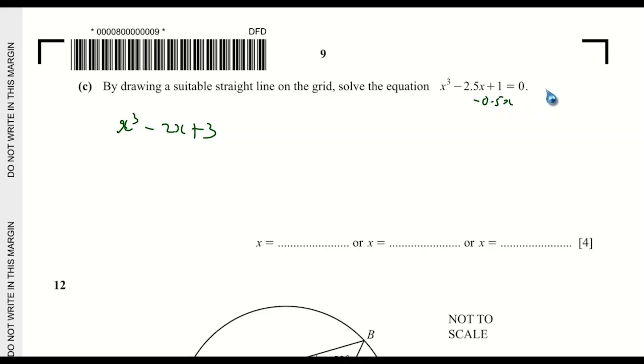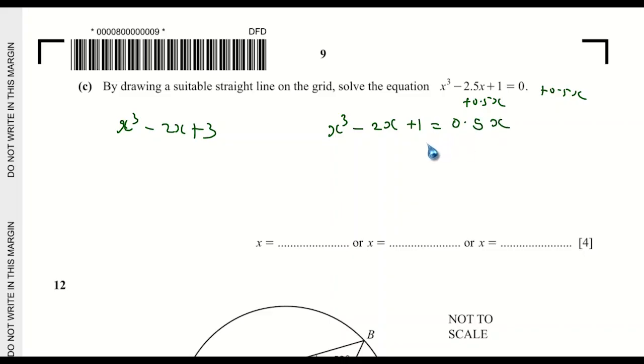Sorry, add rather, because we want this to drop. So add 0.5x to both sides. Now this will leave us with x to the power of 3 minus 2x plus 1 equals 0.5x.